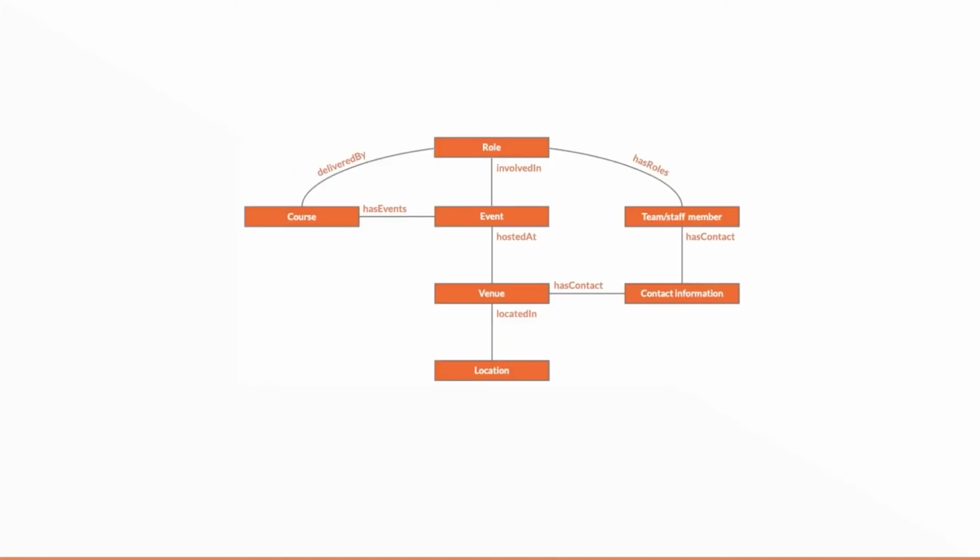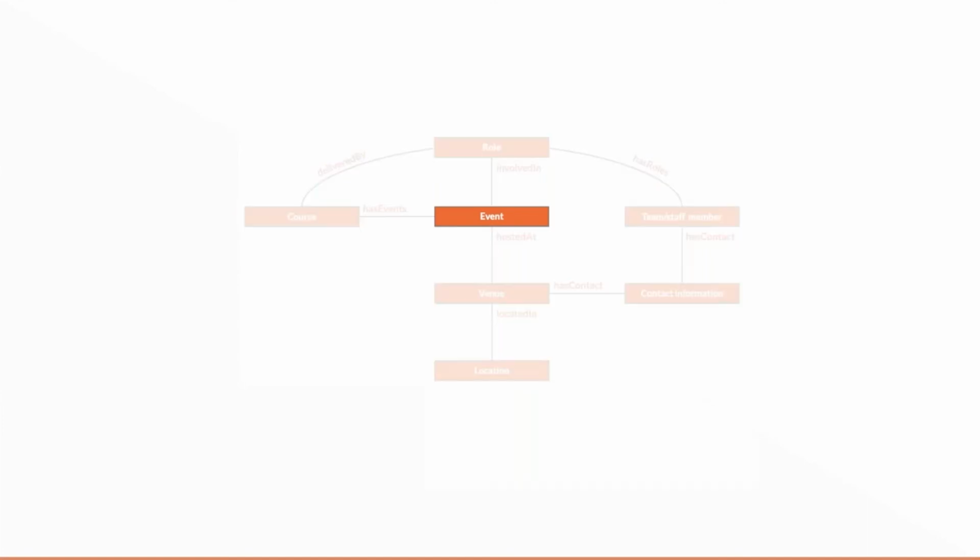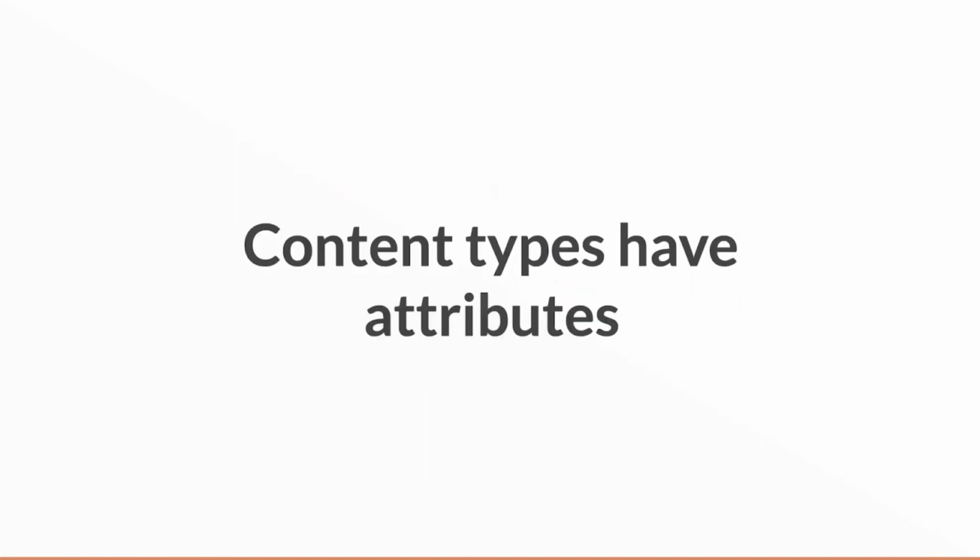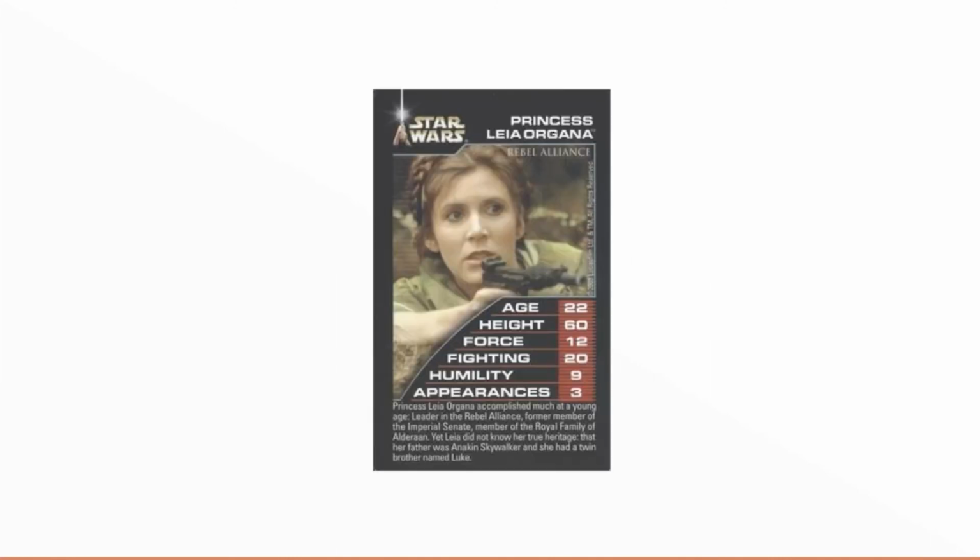So if we look at this example we had just now, how these things interrelate, we're going to zoom in on the event. What are the things that make up an event? That's how we're going to build our content type for event. Content types have attributes. So an attribute is a characteristic or quality of an object. And the best example I can think of is a Top Trumps card.